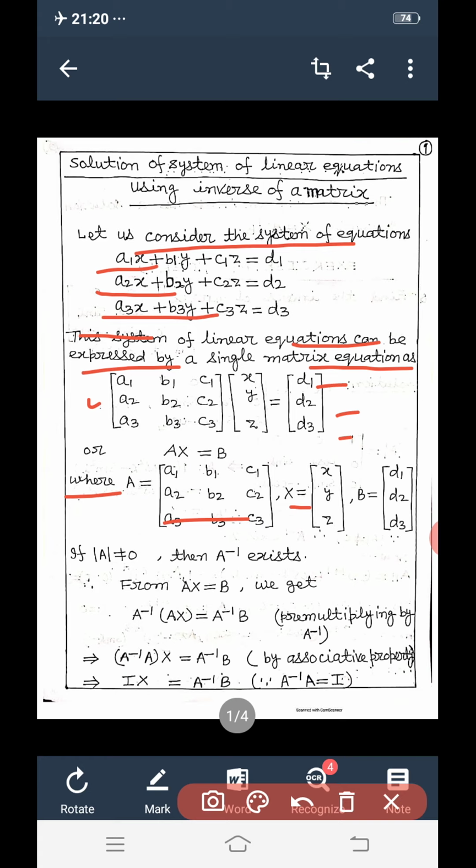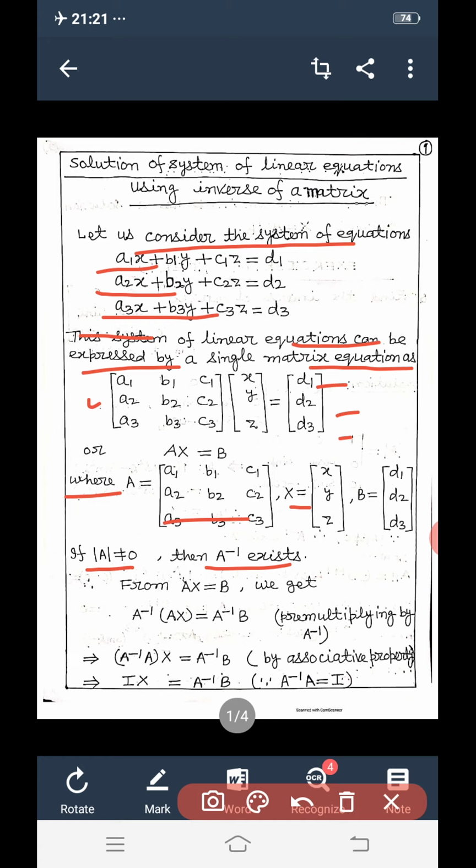Dear students, the matrix A is called the coefficient matrix. If determinant of A is not equal to 0, that is, A is a non-singular matrix, then A inverse exists.